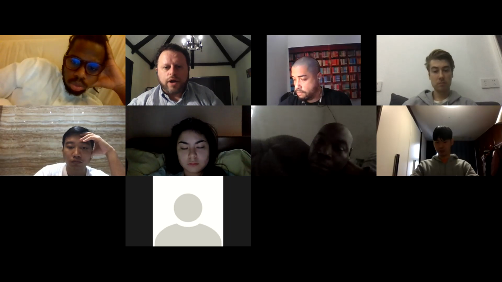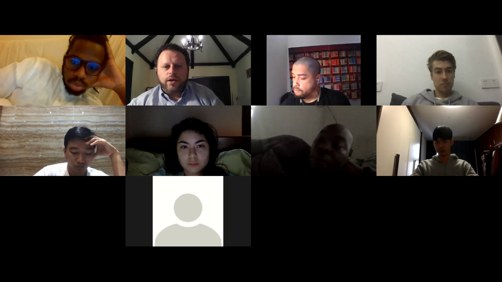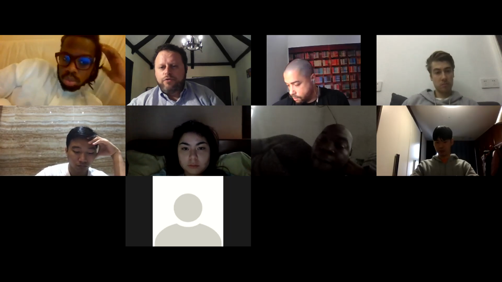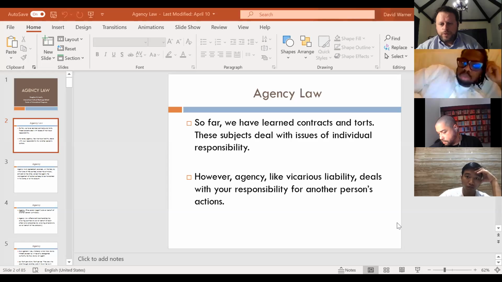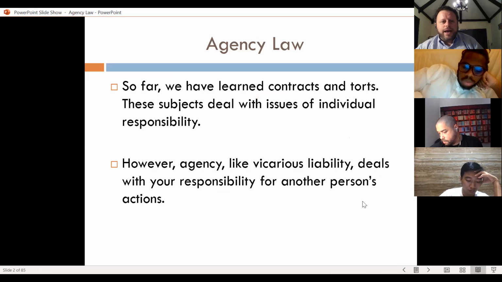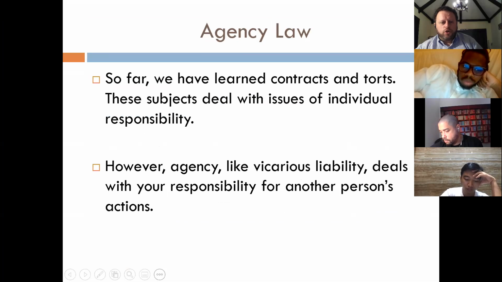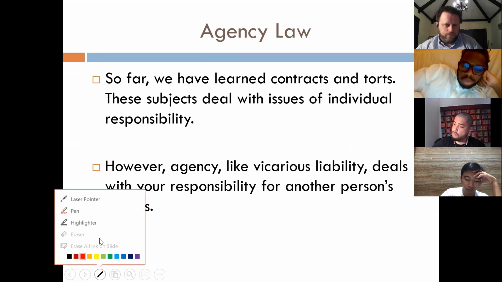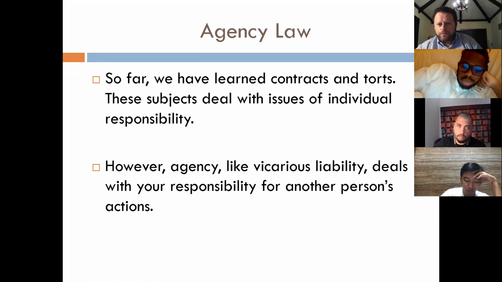Torts and contracts are both areas of the law that involve two people. Now we're going to get into areas of the law that involve three people. That's going to be the difference now.